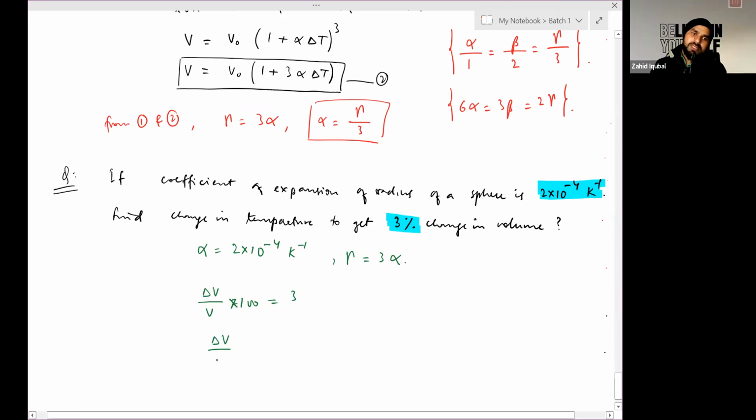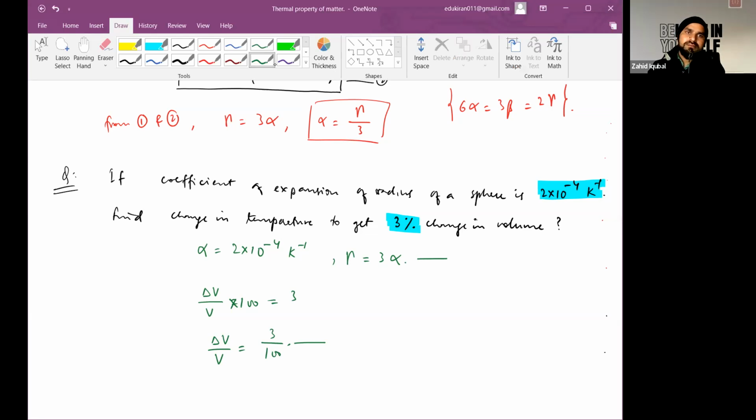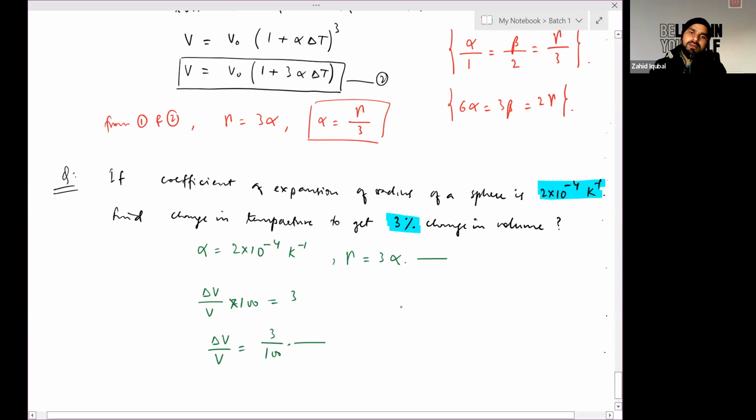So we have to somehow define delta V by V. So it will be 3 divided by 100. Now use this and this to find delta T. Try to solve. Gamma equals delta V divided by V times delta T. So delta T will be delta V by V times gamma.